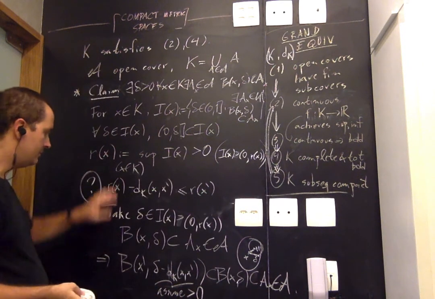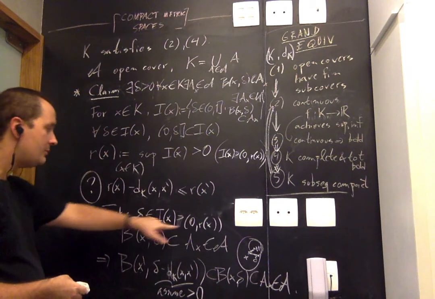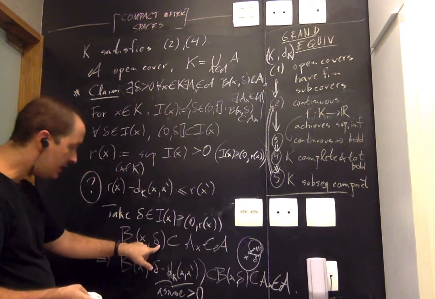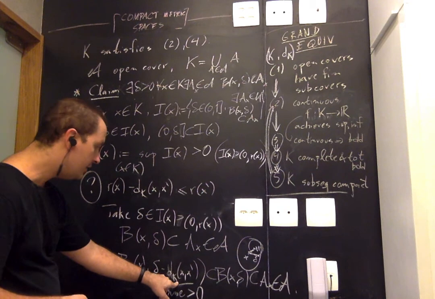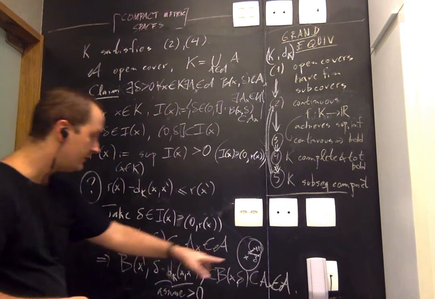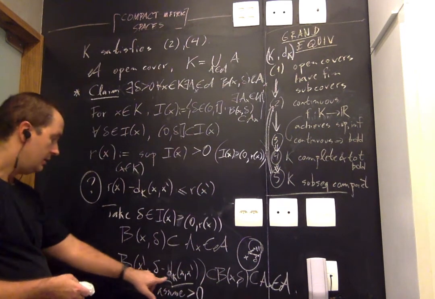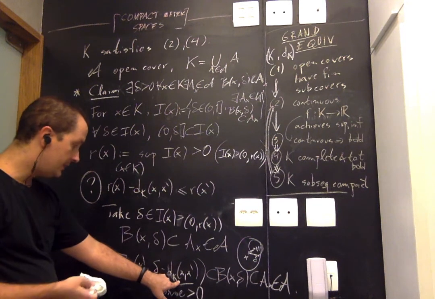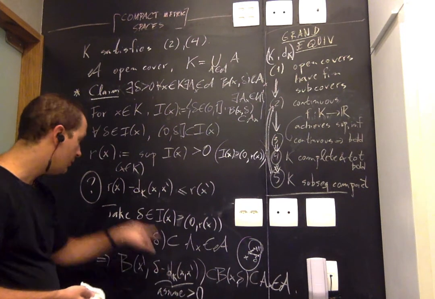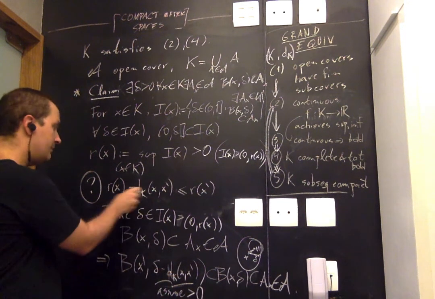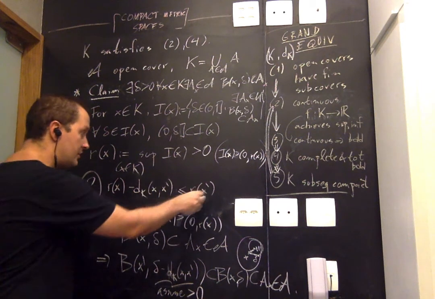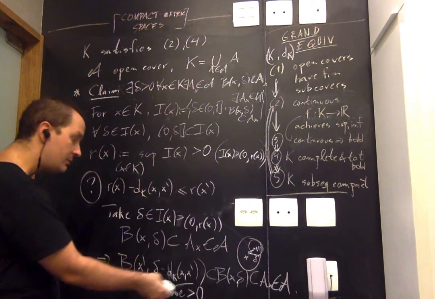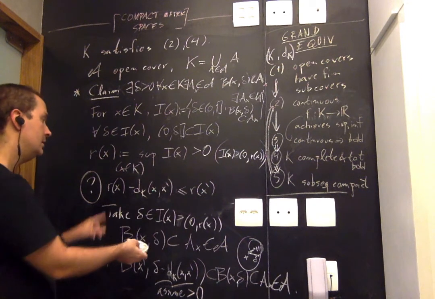And this is how I do it, right? So r of x is the supremum of these delta. For any such delta, this guy here, if positive, belongs to the set I of x prime. Now, this guy, if it's positive, delta minus the distance is less than r of x prime, because r of x prime is the supremum of the set I of x prime.